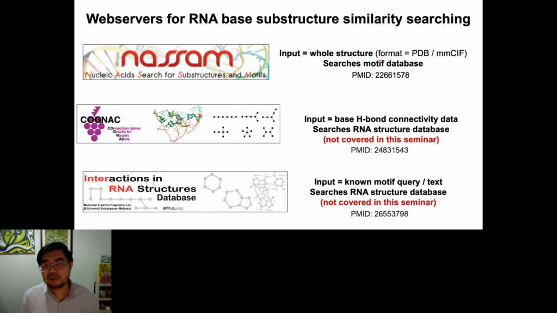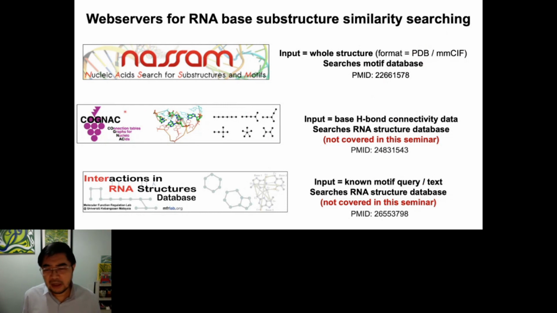It takes a whole structure in either PDB or MMC format, and this is what we use to actually identify that potential universal UAU stack motif, and it searches a motif database. But we have also got two other tools.